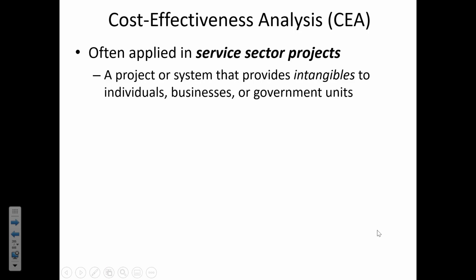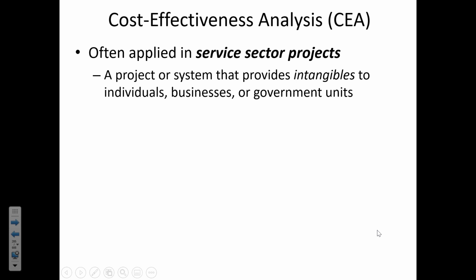So, cost effectiveness analysis is a technique that's used instead of quantifying the numerical value of the benefits. And this is often used especially in public sector projects that provide intangibles, meaning services. So in the past example on Wednesday's class, we were doing a flood control project. And so that's a physical thing.